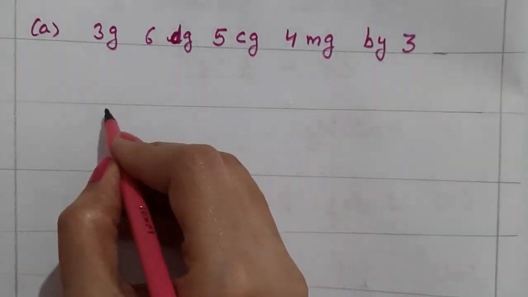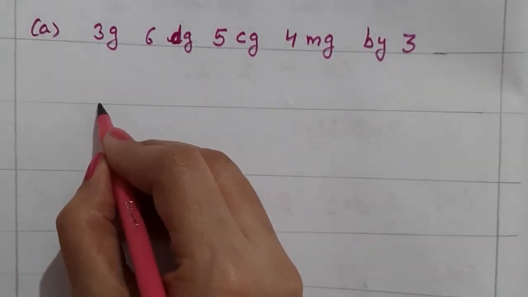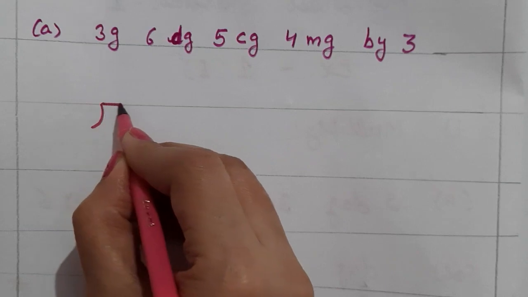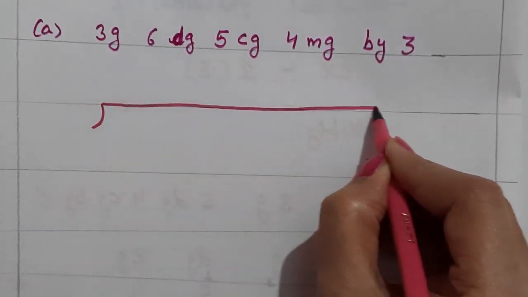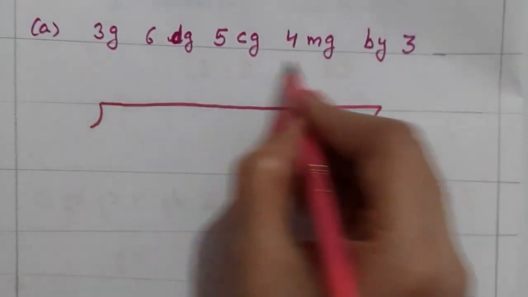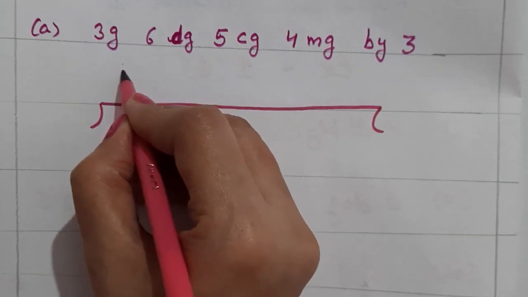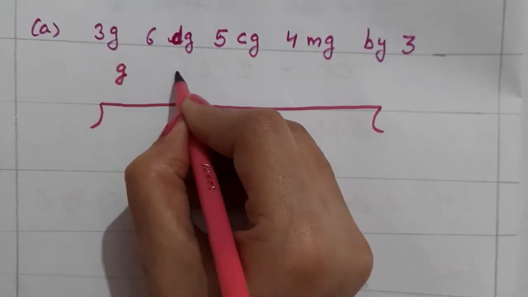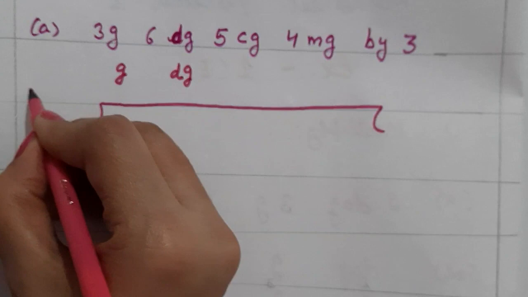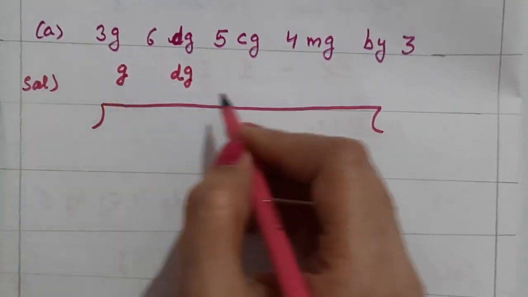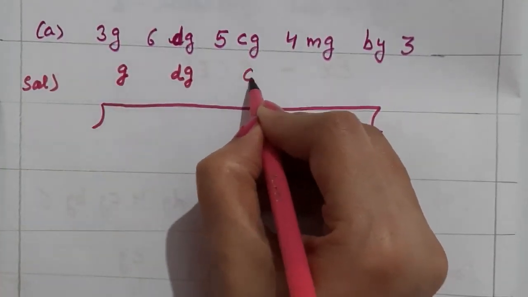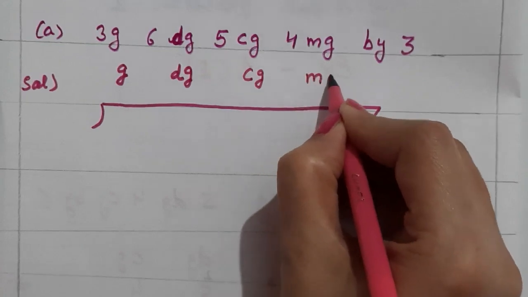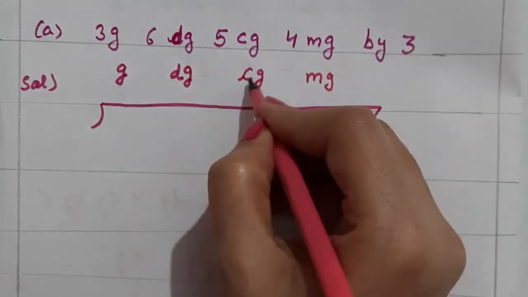Again in the solution, write down the units first. Put division sign. It will be a little big because we have different units. Write the units at the top. Gram, decigram, centigram and then milligram.